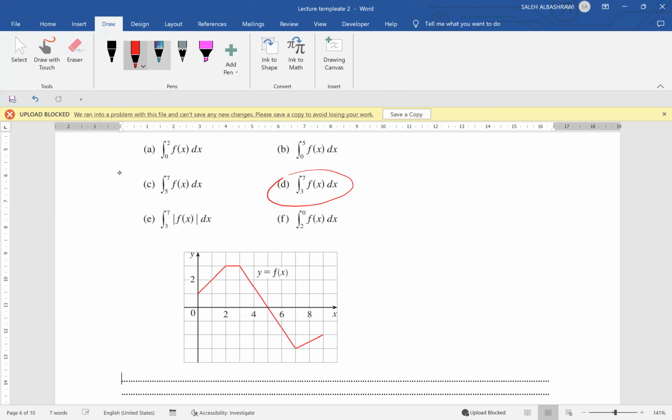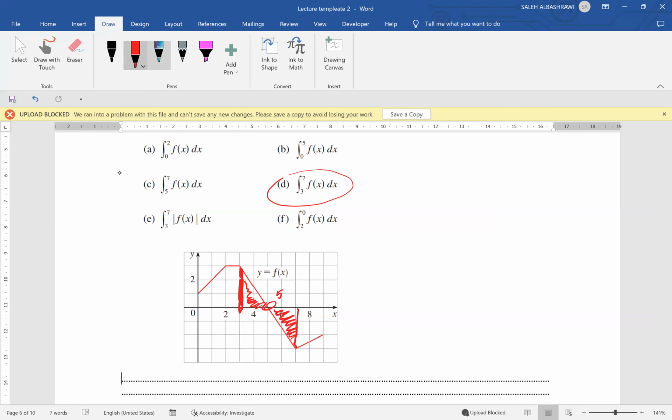From 3 to 7, this is 3. So I'd have this area, that will be a triangle, and this area, which is another triangle. And this is 5.